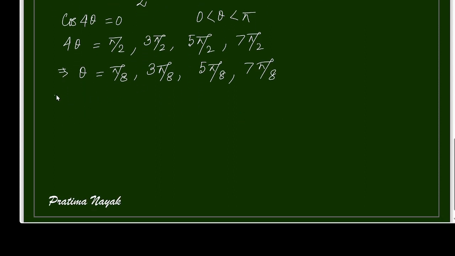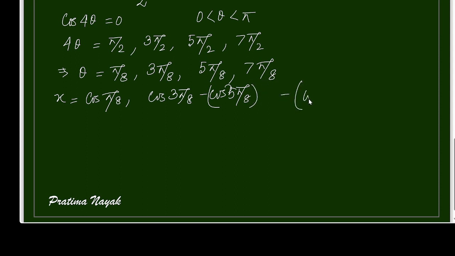Then what about x? x is equal to cos π/8, cos 3π/8, cos 5π/8, which is the negative of cos 3π/8, and cos 7π/8 is the negative of cos π/8, because π − π/8 is equal to 7π/8. So I can write ± cos π/8 and ± cos 3π/8.